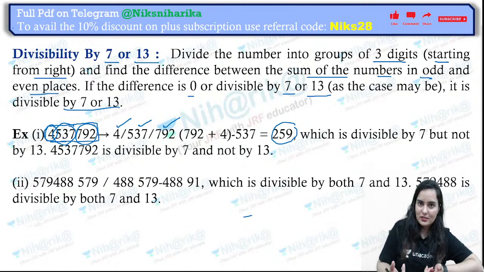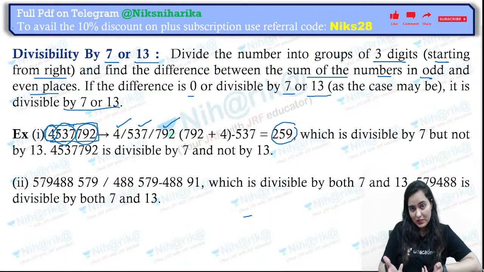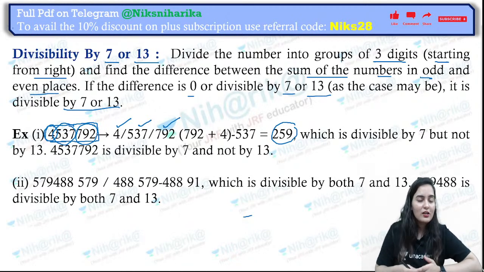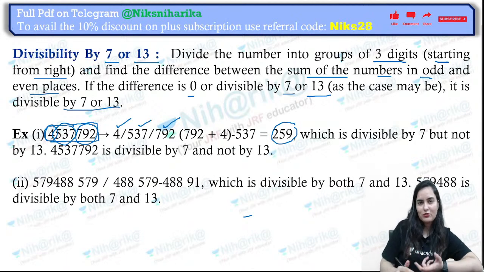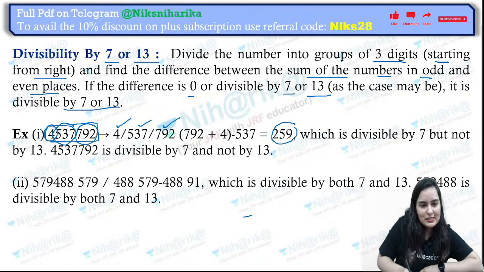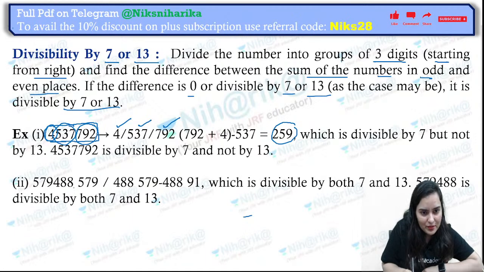Just for the sake of understanding, it may help you in future. You can try it as a game also. Suppose you take this big number, then just break it into pieces: these three, then these three, and then these three. Let's see.